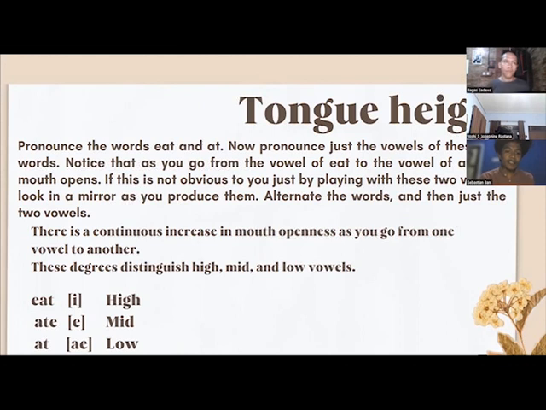There is a continuous increase in mouth openness as you go from one vowel to another. So these degrees distinguish high, mid, and low vowels. For example, "eat" is high, "eight" is mid, and "at" is low. Next slide, please.